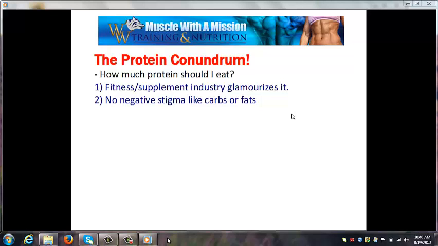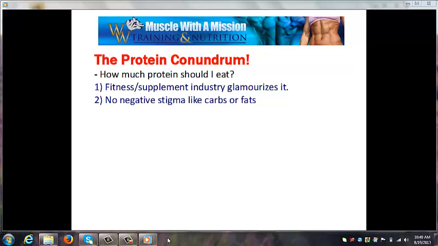And you always see that. And you never see healthy fats or carbohydrate supplements glamorized as much. In fact, and I even say it right here, one of the reasons is that fats and carbs in society, as it relates to nutrition, have a negative stigma. They're painted in an unflattering light.